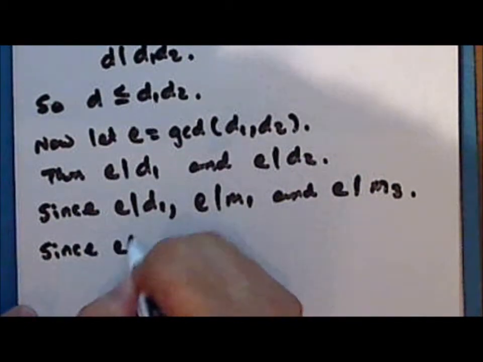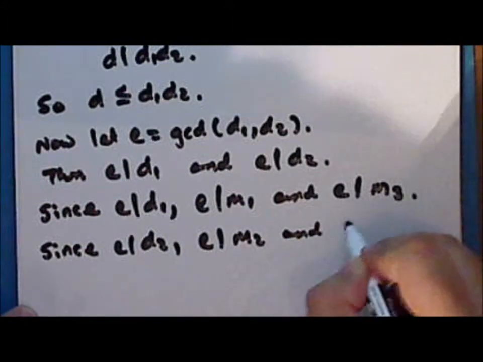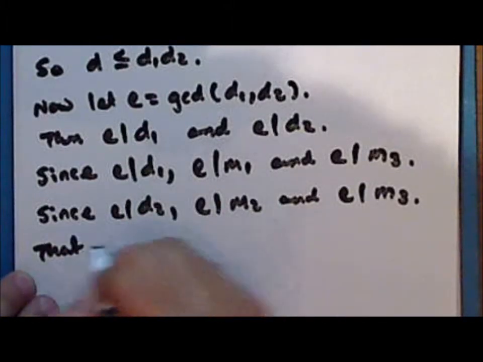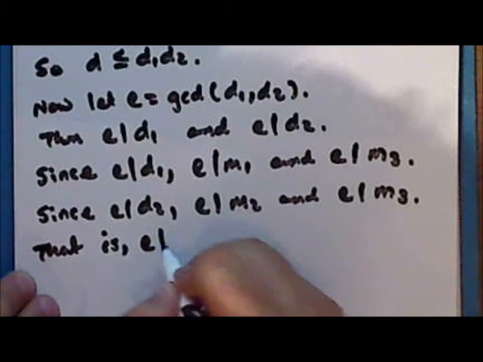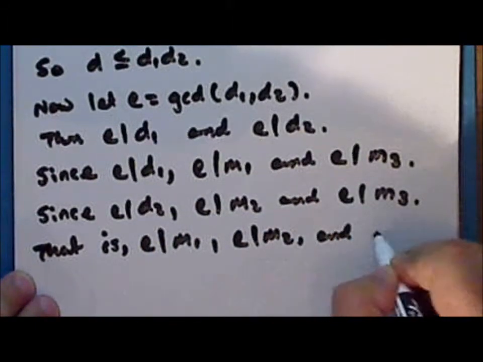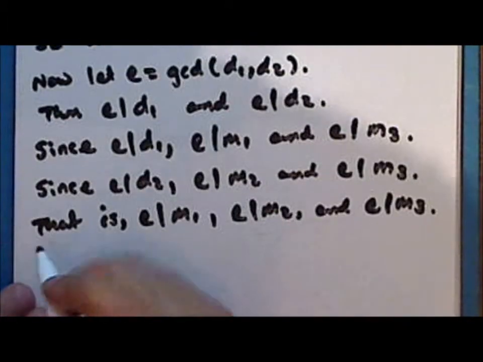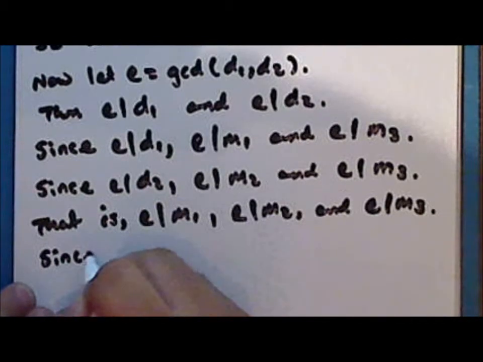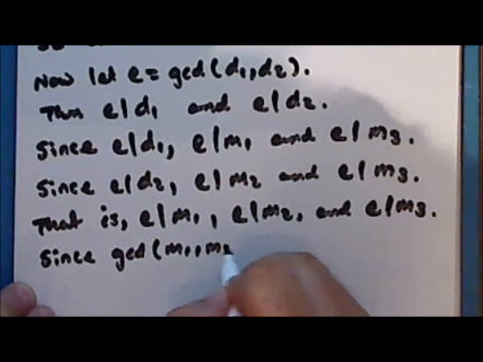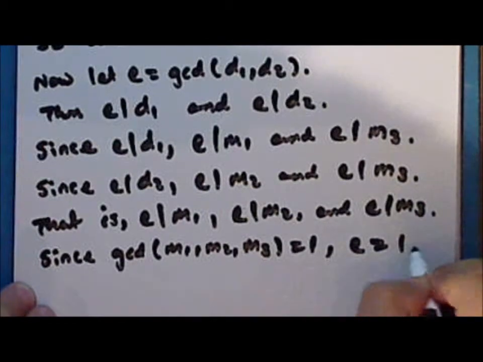And since E divides d sub 2, E divides m sub 2, and once again E divides m sub 3. That is, E divides m sub 1, E divides m sub 2, and E divides m sub 3. Now since the greatest common divisor of all three integers m1, m2, and m3 is 1, E must be equal to 1.